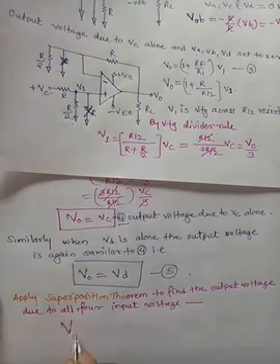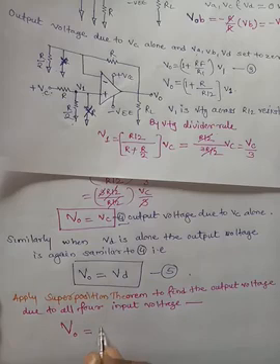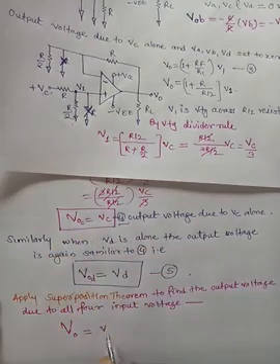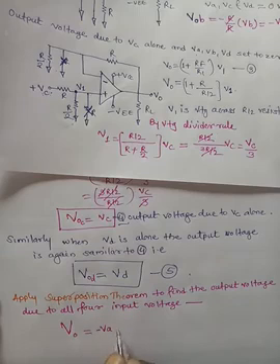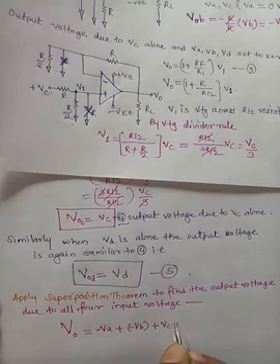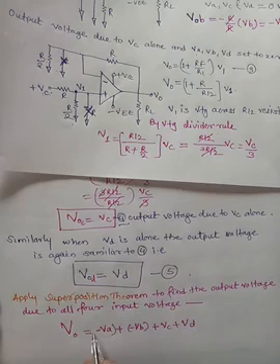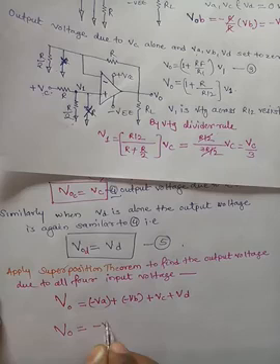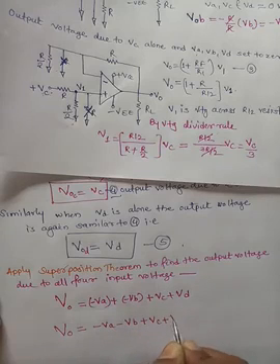The output voltage V0 is equal to V0A, V0B, V0C and V0D. V0A is minus VA, plus minus VB, plus VC, plus VD. So the output voltage V0 is equal to minus VA minus VB plus VC plus VD.